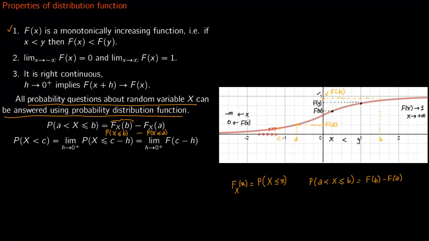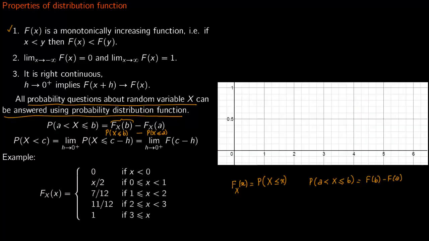Let us see an example where we will make use of the above properties. We are given the distribution function, and in this distribution function we have that f of x is 0 for x less than 0.